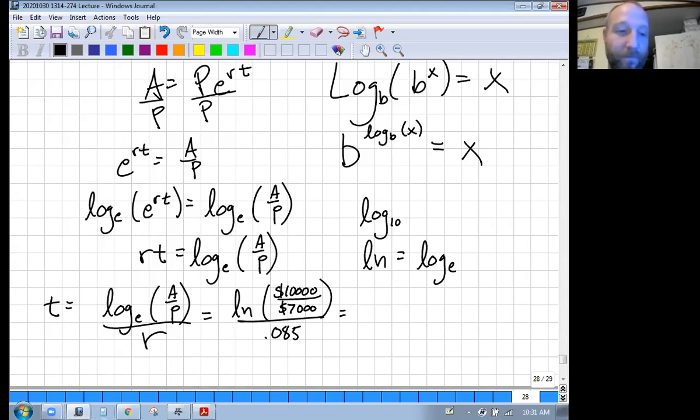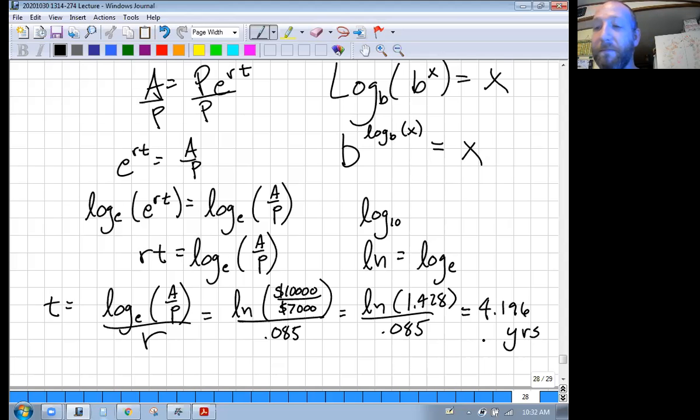So we got 10,000 divided by 7,000, which is 1.428. And so we take the natural log of that and now divide by 0.085. We get 4.196 years.